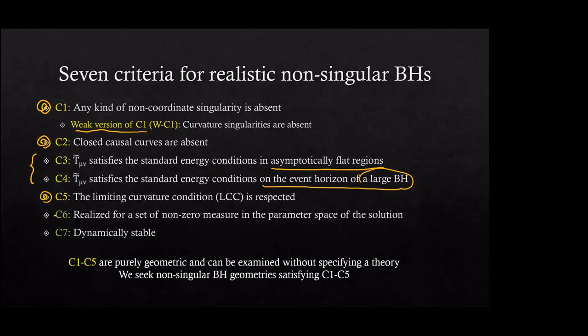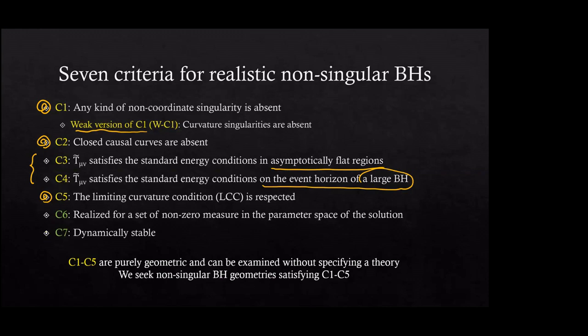And C6 claims that such a space-time is realized as a solution for a set of non-zero measure in the parameter space of the solution. So this means that such a geometry is realized without fine-tuning in a solution. I mean that non-singular black holes should be a generic configuration. So this is the claim of C6.